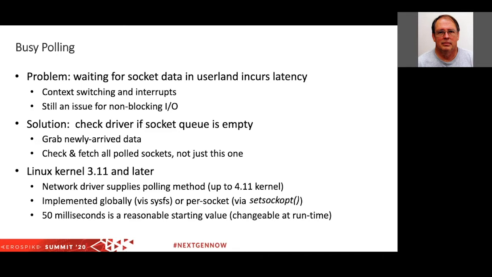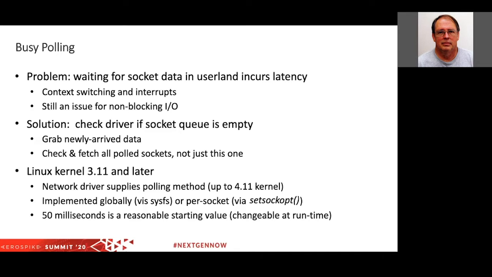The insight here is that instead of having that be demand driven, with the application saying, oh, I've got some data, let me go get it, busy polling speculatively looks at the driver-side data structures to see if there is data ready, and it essentially stages that marshaling up front.